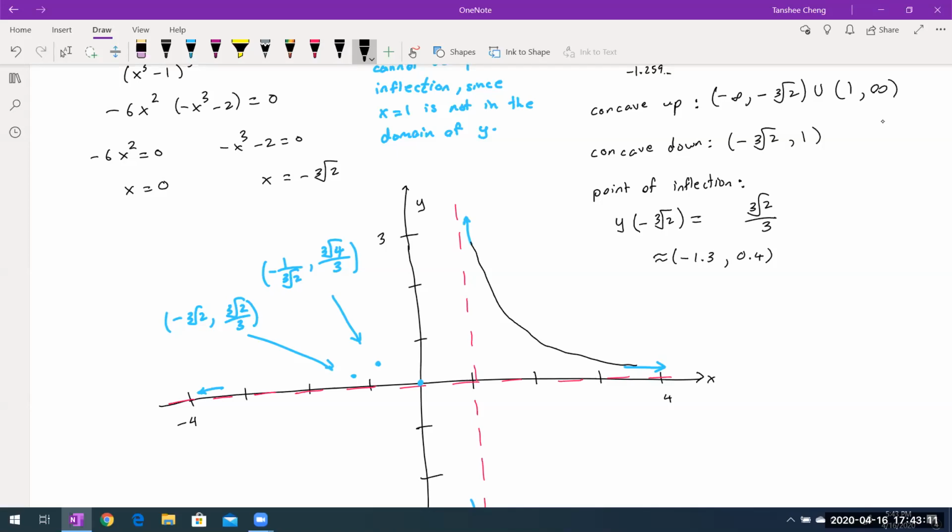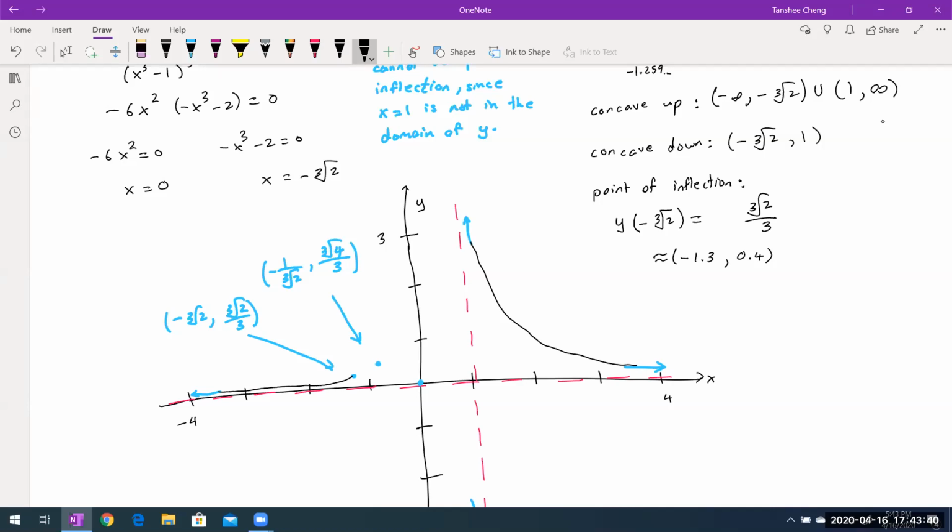So therefore, for the graph right here, I will try my best to graph it. So this portion I'm going to be connecting with this. So this portion is going to be concave up to here. So my graph is going to be going like this. So it will be curved up like that.